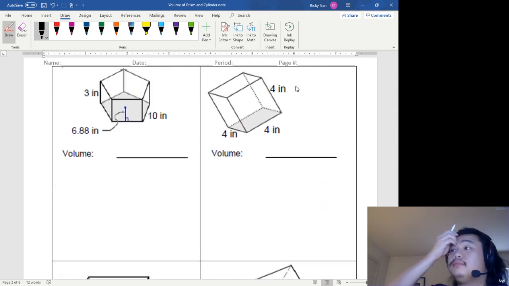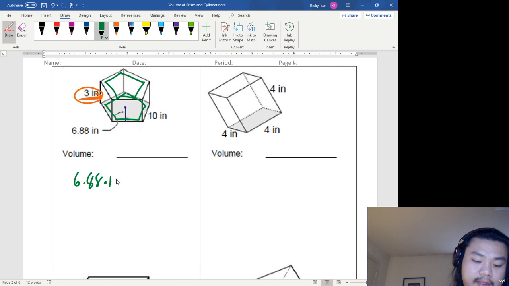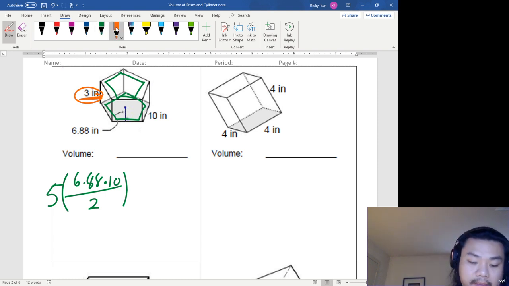So here we've got a pentagonal prism. Again, we have to find the area of the pentagon, multiplied by its height, which in this case is 3. The area of the pentagon is 1/2 times the apothem, which is 6.88, times 10 divided by 2 times 5, because there are 5 sides, multiplied by 3 because that's the height.